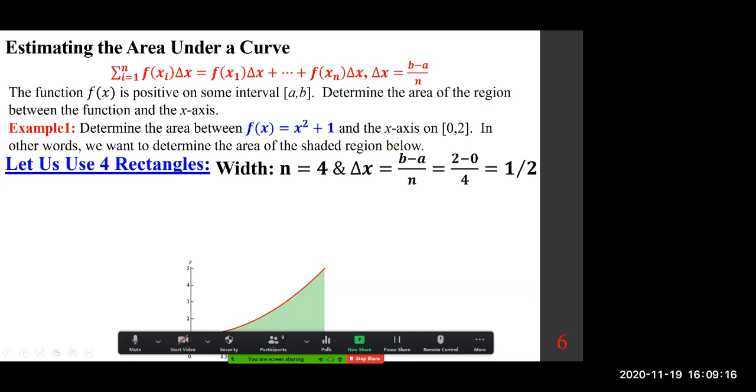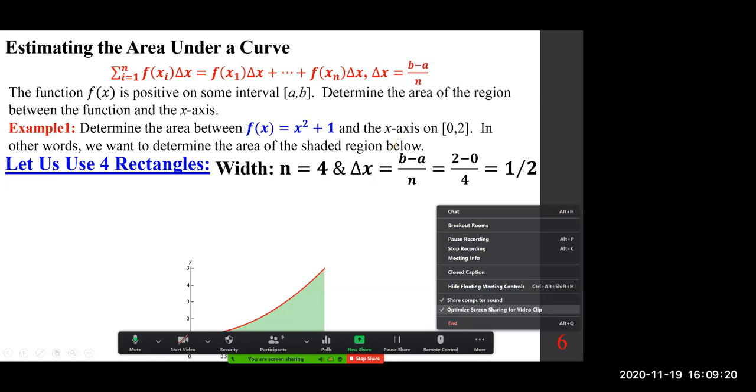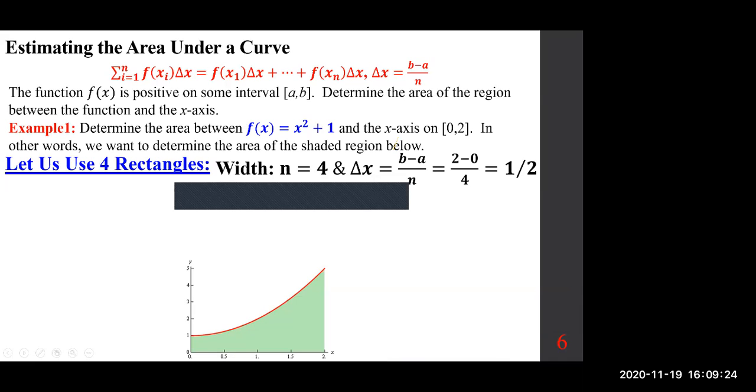Okay. And so what we notice is the bottom is going from 0 to 2. Take a look. I would highly recommend you draw a line segment. Okay.